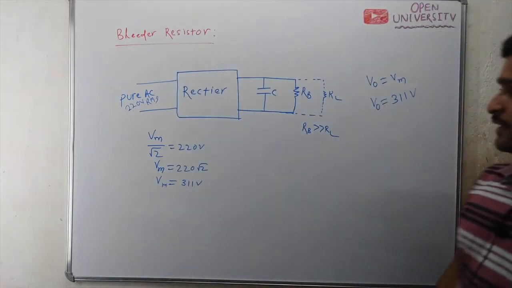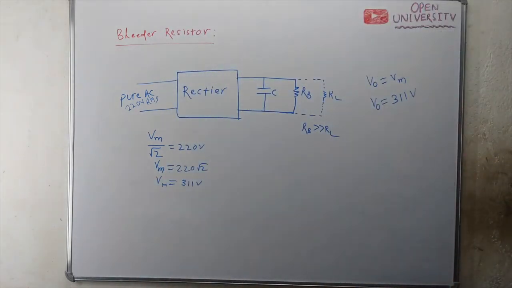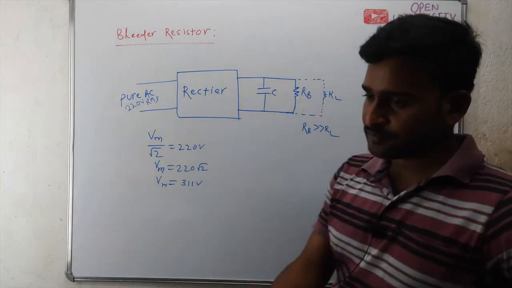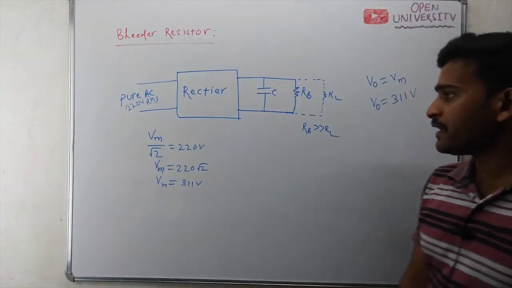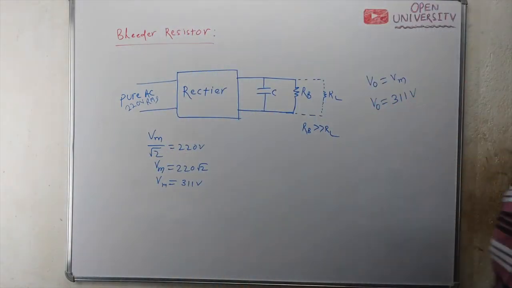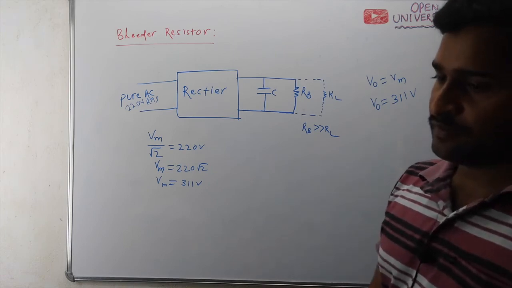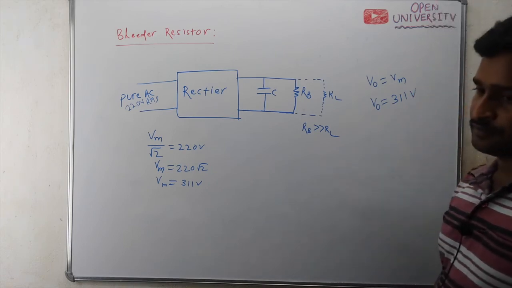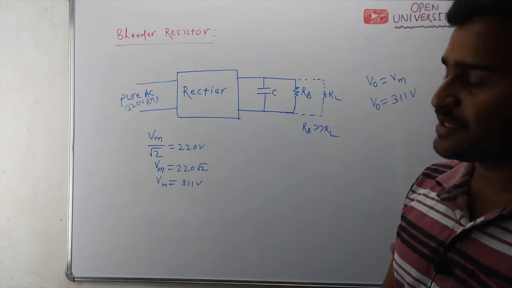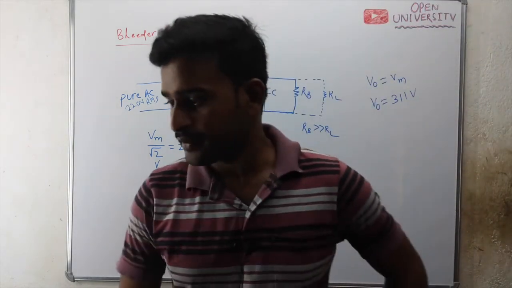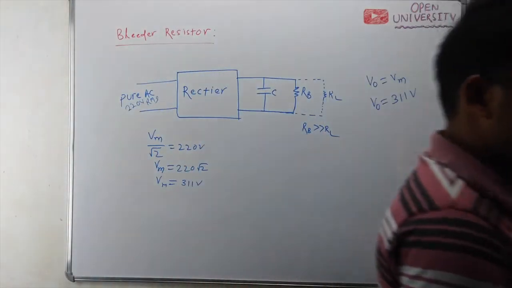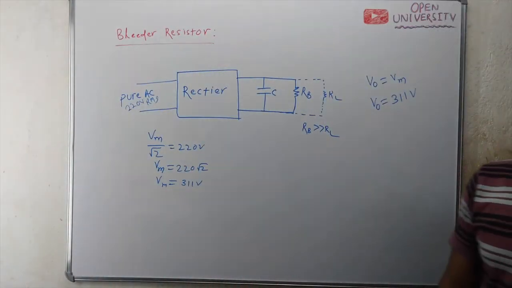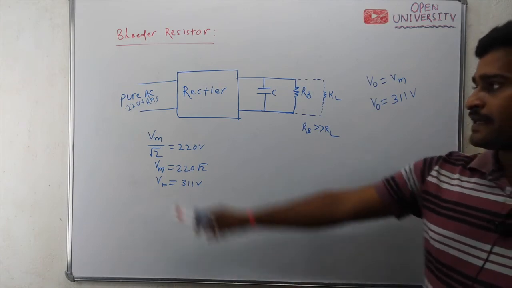If RB is not connected, then a high voltage, 311 volt, will be present across the capacitor even if AC supply is off.